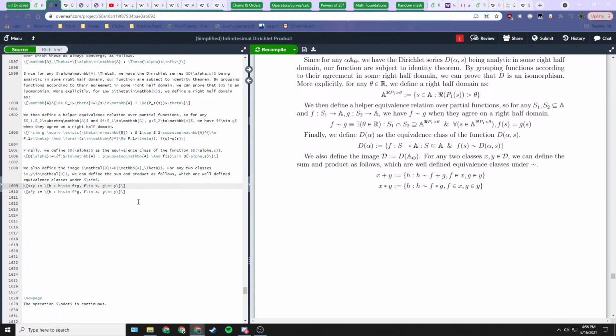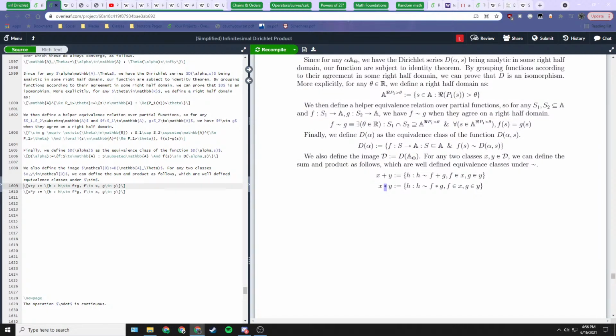So what we want to prove is, first of all, that our script D, our class of equivalence classes of functions, is closed under addition and multiplication.